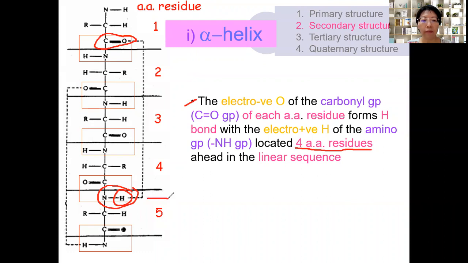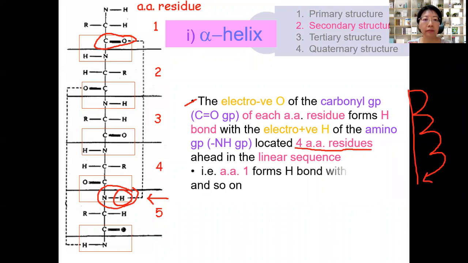So this is the 4th one, 4 ahead in the linear sequence, meaning in the straight chain, right? You count 1, 2, 3, 4 in a linear sequence, the 4th one ahead. So amino acid number 1 will form a hydrogen bond with amino acid number 5, amino acid 2 with amino acid 6, amino acid 3 with amino acid 7, and so on.